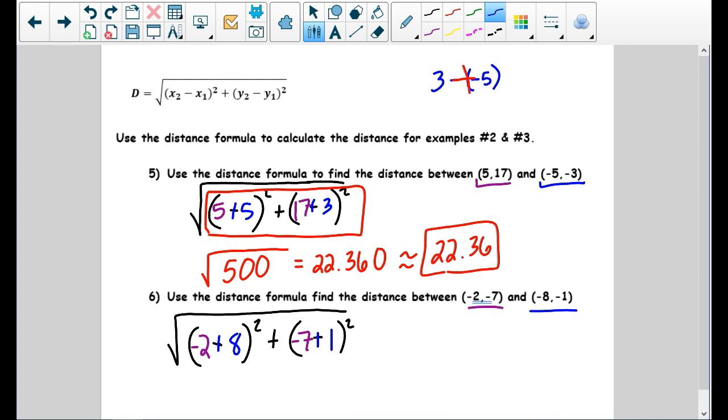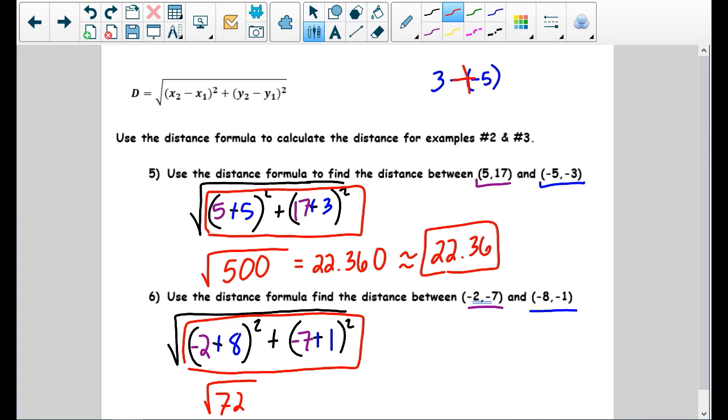Again, negative 8 and negative 2 need to be together, negative 1, negative 7 need to be together, okay? And the order does matter, okay? So whatever point you start with, make sure it's in the front of both, back points in the back, okay? So remember, plug in this. So that part right there gives me 72, okay? So I have square root 72, okay?